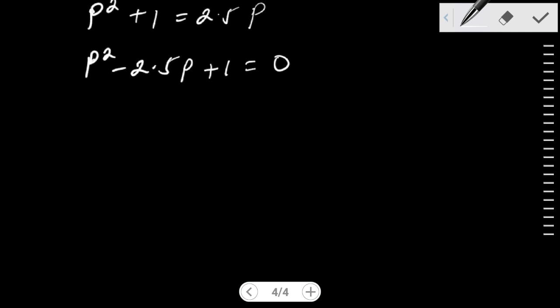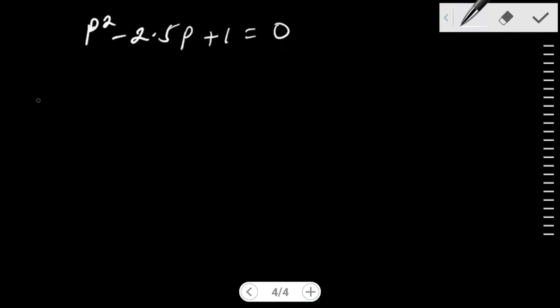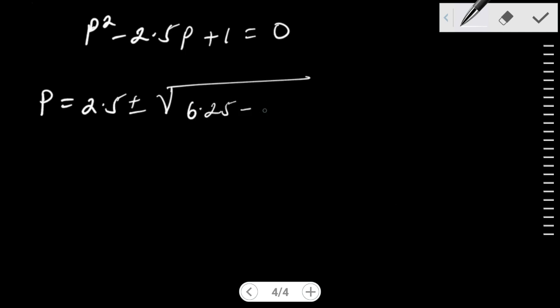So using the quadratic formula, I know that p equals 2.5 plus or minus the root of 2.5 squared, 6.25, minus 4 times a, which is 1, times c, which is also 1, divided by 2.